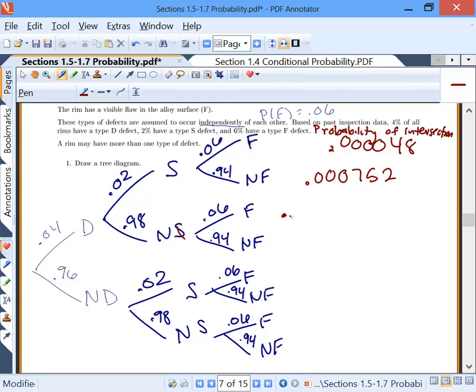Next one should be 0.002352. Like that? Okay, the next one? 0.0368. Okay, the next one? 0.001152. The next one?